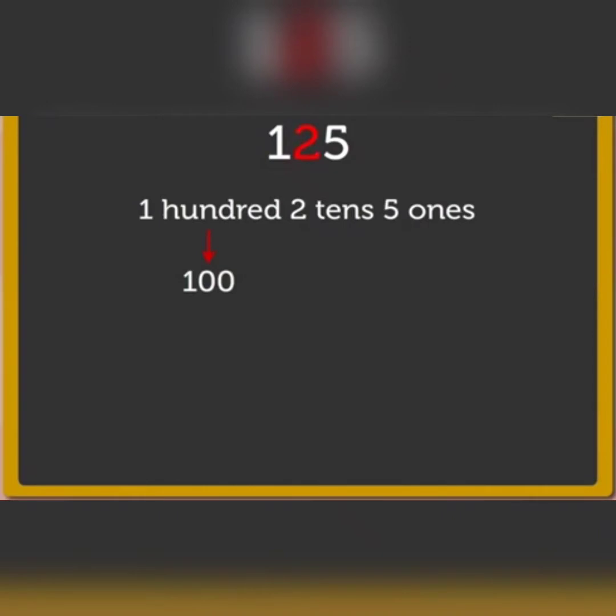Then the place value of 2 tens equal to 20 and the place value of 5 ones equal to 5. We write this number as 100 plus 20 plus 5 is equal to 125.